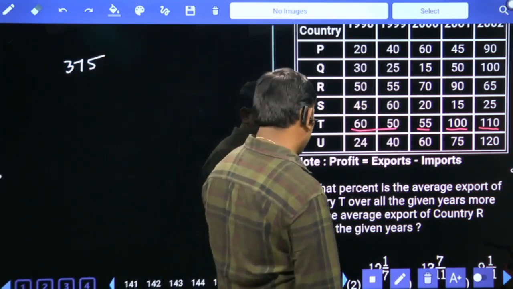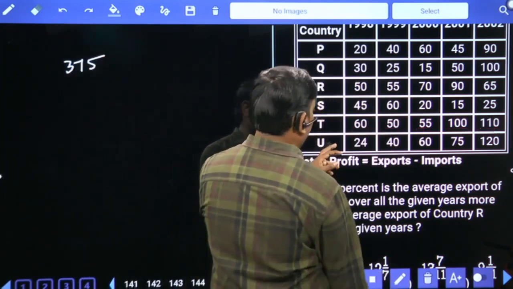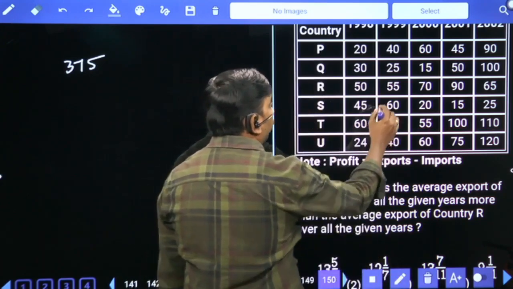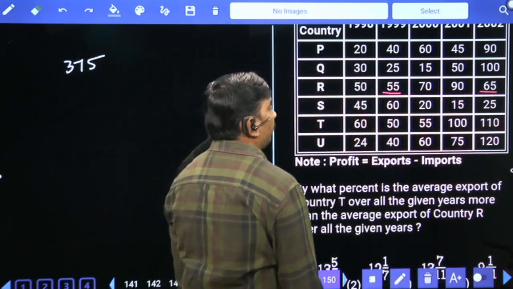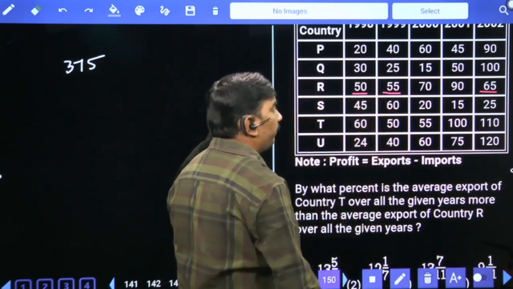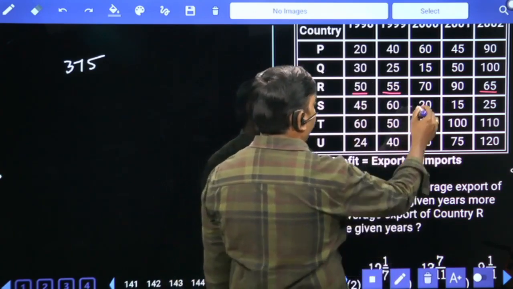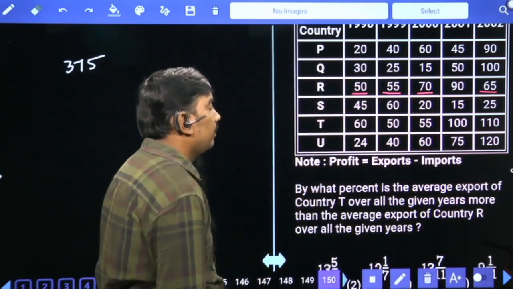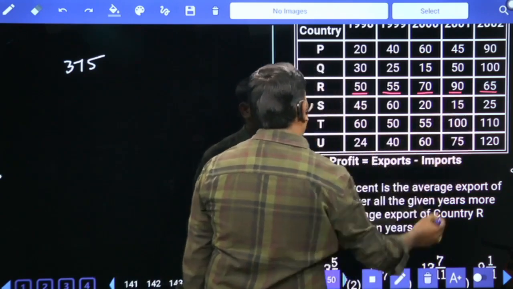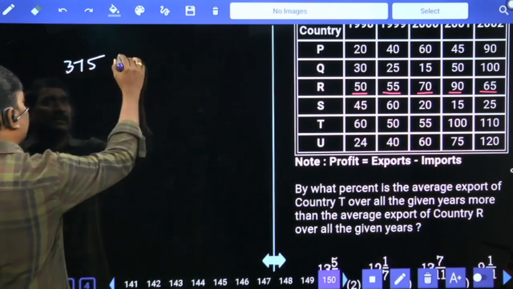Is the average export of country R over all the years? Country R: 55, 65, 120. 120, 50, 170. 170, 70, 240. 240, 90, 330. Yes, correct.